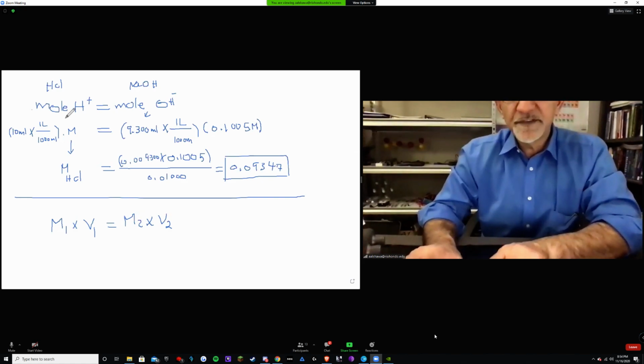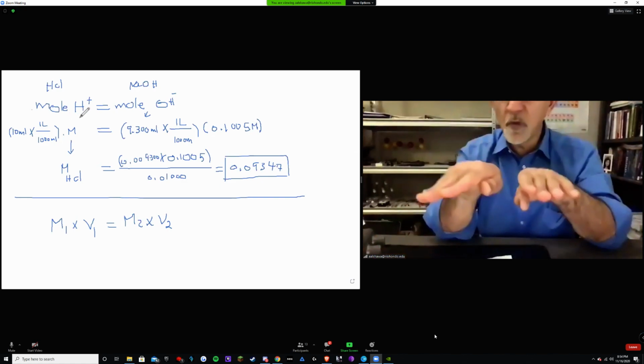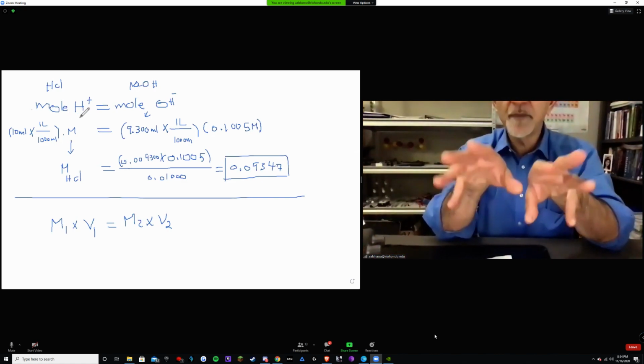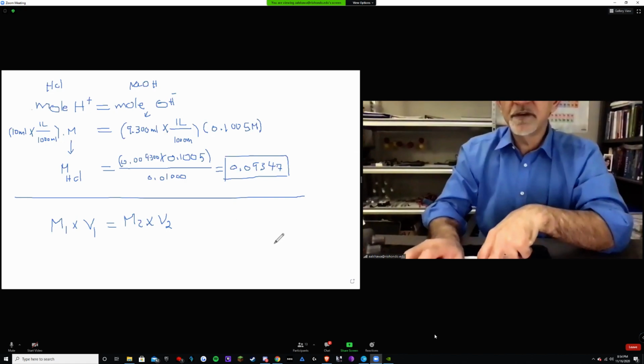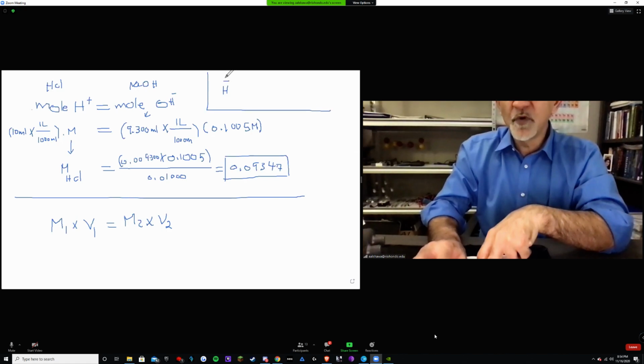Well, it is the same for the case of 1-to-1 mole. So just be careful. Since our reaction involves 1 mole of the acid, remember the reaction? The reaction is 1 mole of the proton reacting with a mole of the hydroxide. So it's a 1-to-1, and that produces water molecules.